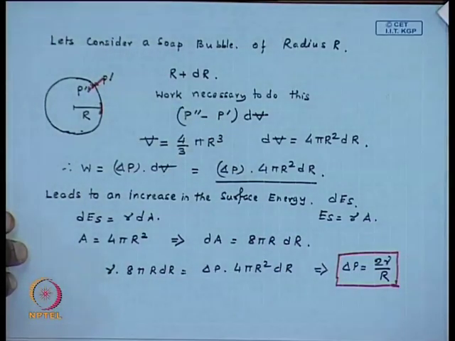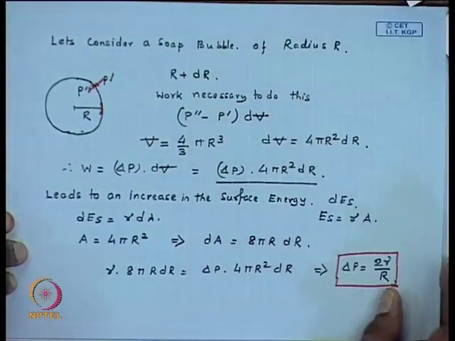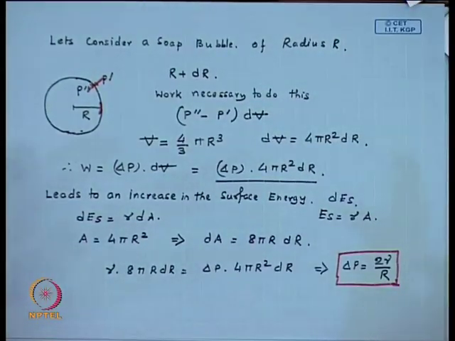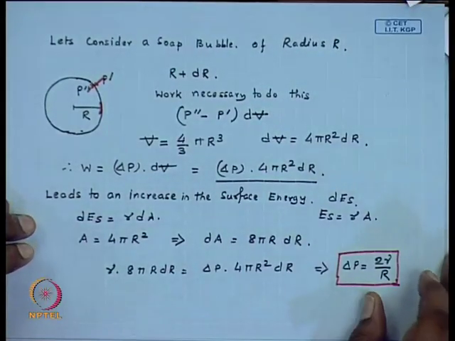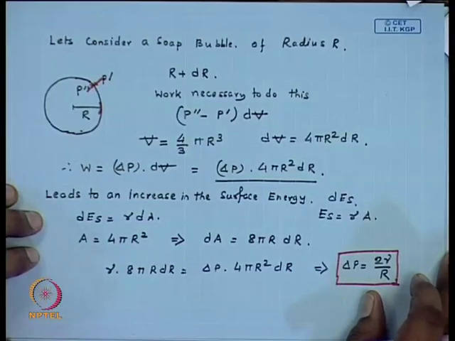This is the first thing to understand. Now, this is a soap bubble or a spherical bubble, where we have considered a spherical object that you can define in terms of one radius. Let us consider any general surface.